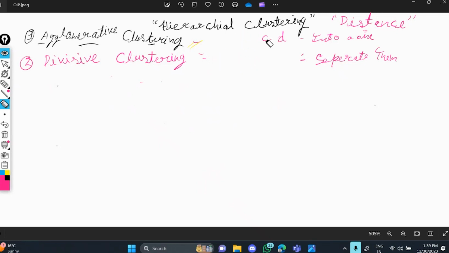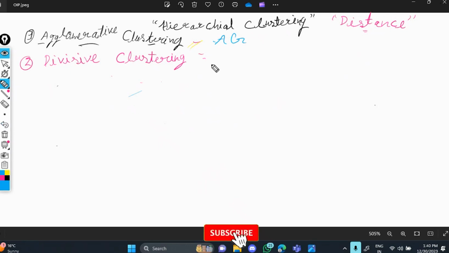Also, we call them by some names like Agnes. These are the terms used by data scientists. Divisive clustering is famous by the name Diana.